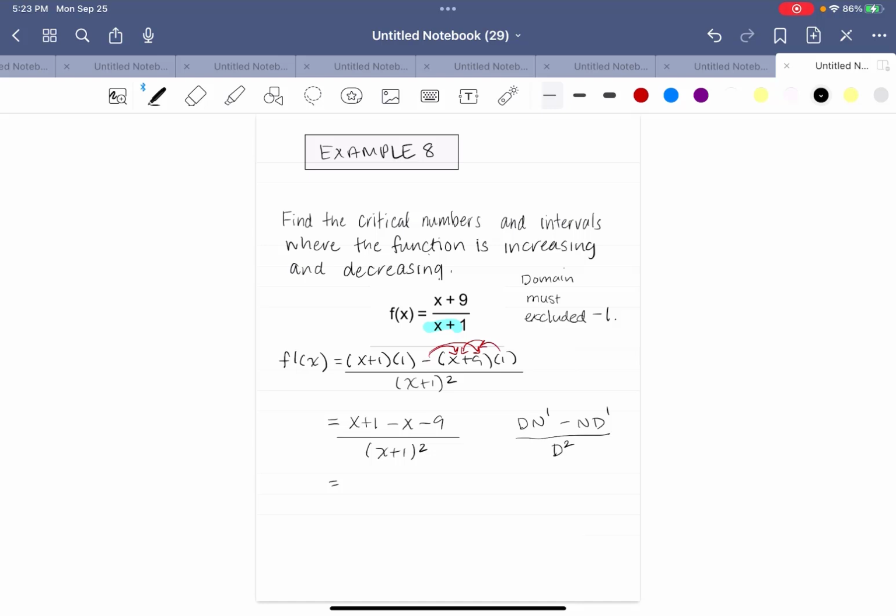So when we simplify this numerator, we get -8 divided by x plus 1 quantity squared, which we could multiply out: -8 over x squared plus 2x plus 1. Use the foil rule to do that. So this is my derivative, f prime of x.